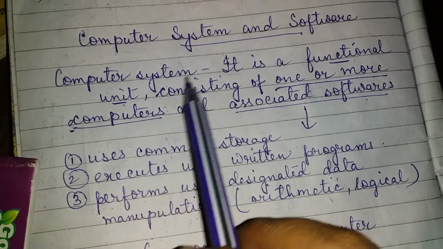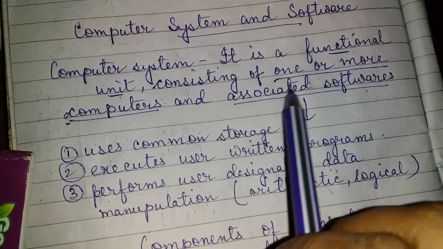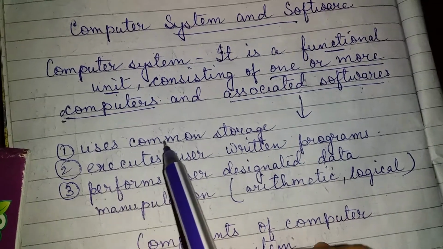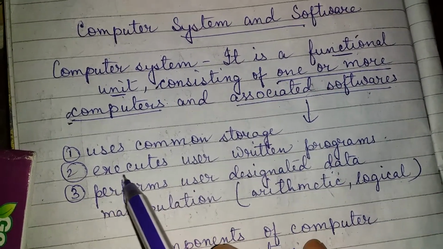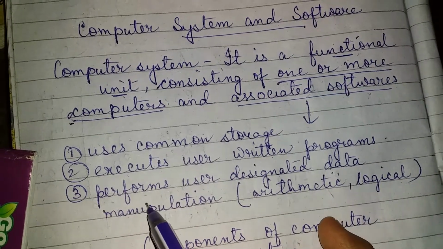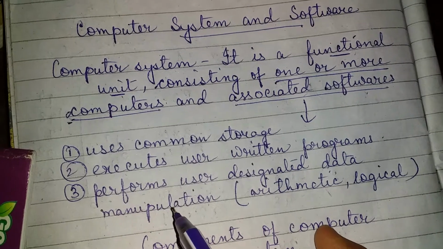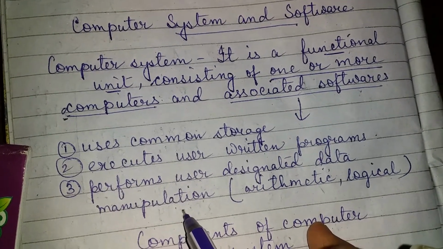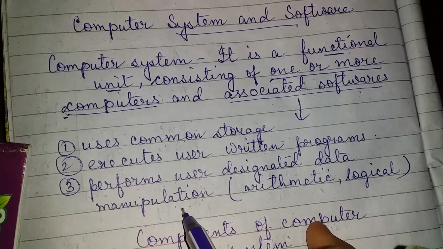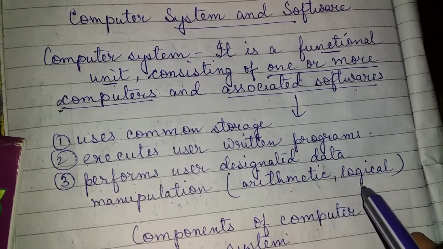A computer system having more than one computer and associated software uses common storage, executes user-written programs, and performs user-designated data manipulations. Manipulation means control, skillfully controlled by someone or something, arithmetic or logical calculations.